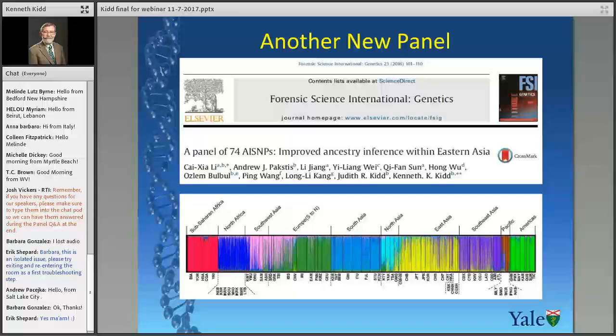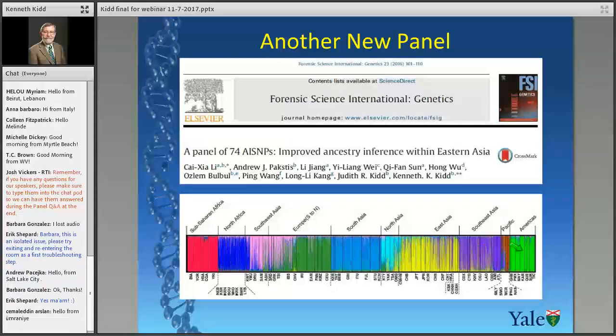As we went on, we have added to that empty matrix ourselves by studying a subset of 74 markers focused primarily on East Asia, and we're able to get some distinction between North Asia, East Asia proper, Southeast Asia, the Pacific, the Americas, but also South Asia, Europe, Southwest Asia, North Africa, and Sub-Saharan Africa.